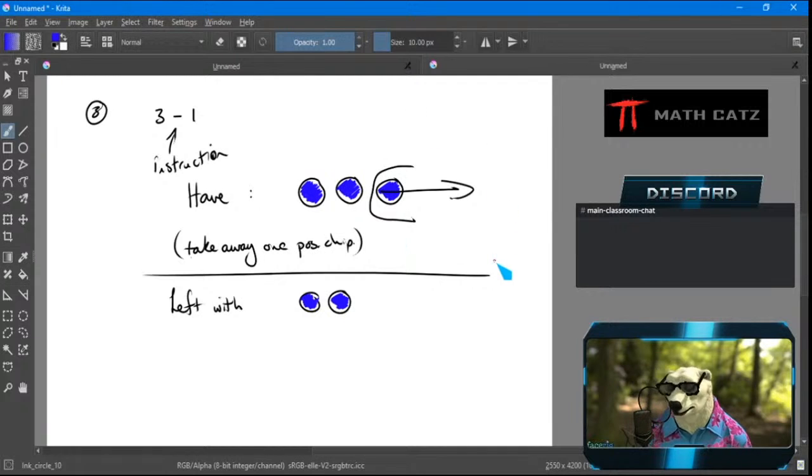I'm trying to represent on the page as closely as possible what is happening in those acting-out steps. So I like to represent the act of taking away and not list the second number.